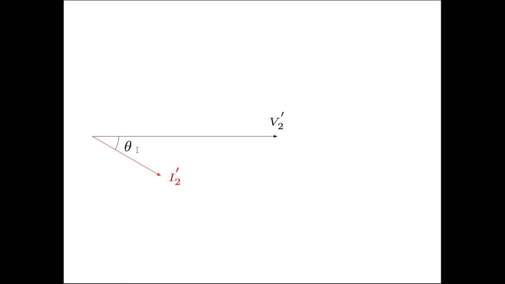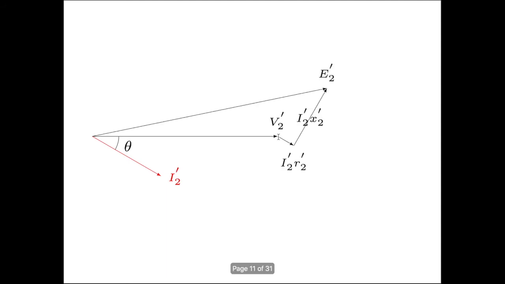Now with this you can associate the voltage drop in the secondary windings, so that R2 I2 dash and I2 dash X2 dash are marked. So that is giving the internal voltage E2 dash. If suppose we have a node, that will be E2 dash.